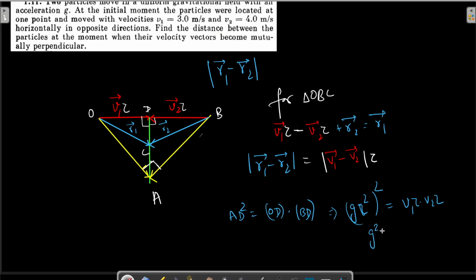So g square tau power 4 equals v1 v2 tau square. What we get? We get tau equal to root of v1 v2 divided by g.